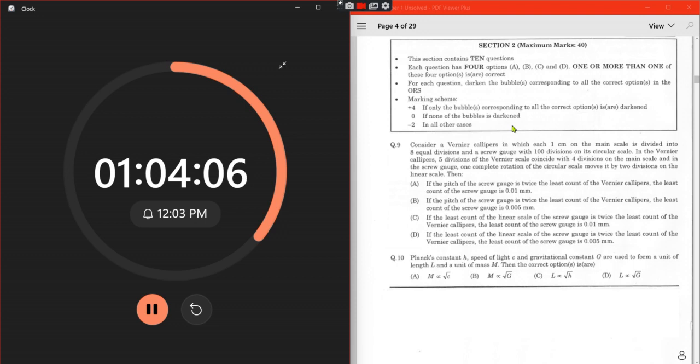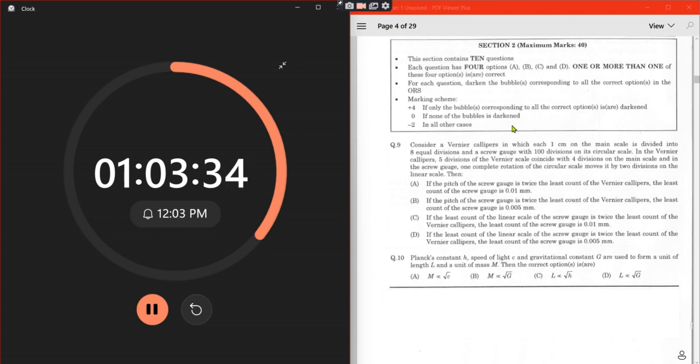So the least count in this case is the main scale unit minus the vernier scale unit, which is 1/5 of the main scale unit. So the actual value for the vernier caliper is the main scale reading times the main scale unit plus the vernier scale reading times 1/5 of the main scale unit.